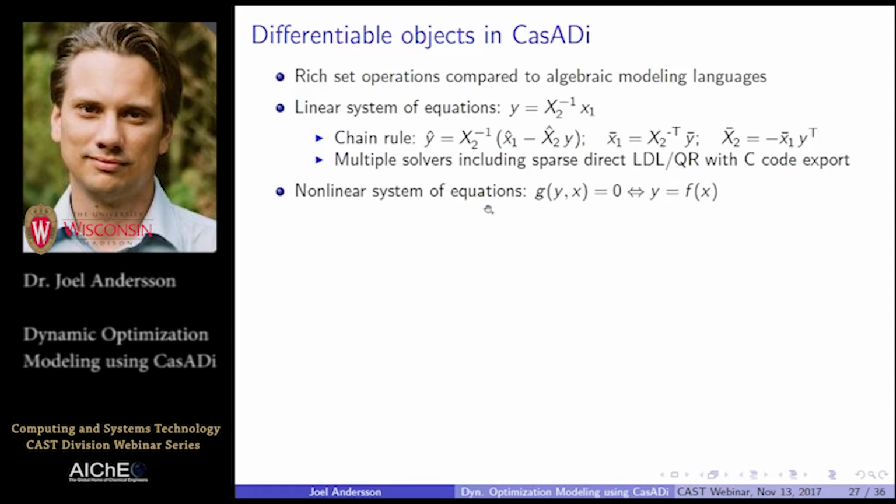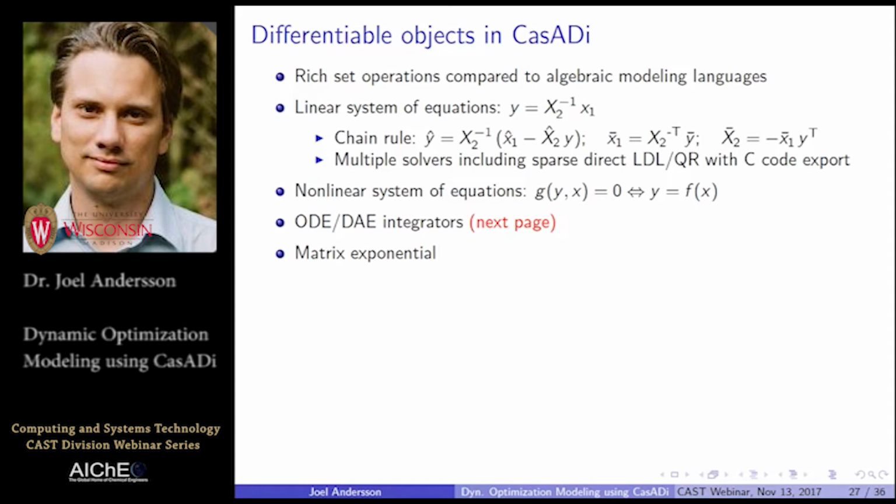You can also differentiate nonlinear systems of equations in CasADi, and it works essentially by applying the implicit function theorem. Under regularity conditions, you get these expressions for the derivatives of implicit functions, and this is possible to any order. Importantly, we can differentiate ODE and DAE solvers, and I'm going to return to that on the next page.